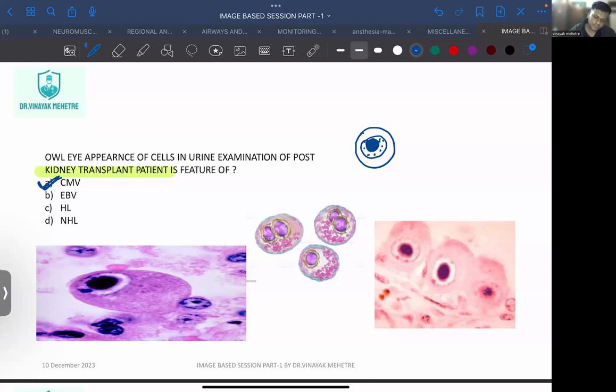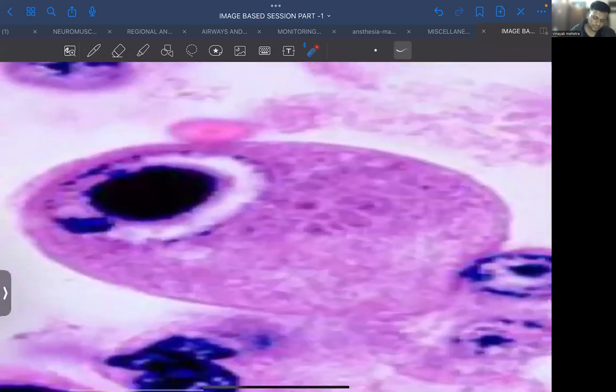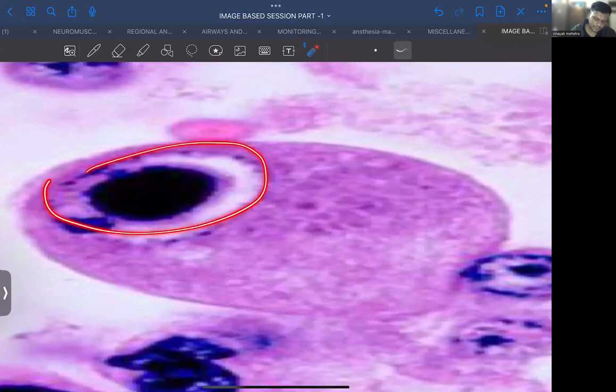Nucleus, a big dot, and small dots. दिख रहा है? This is the outline which we will see in CMV.